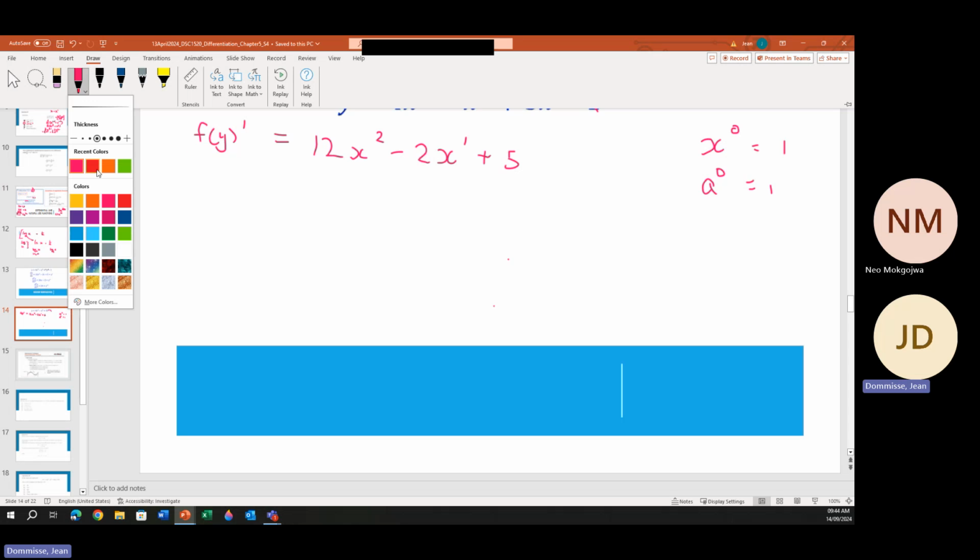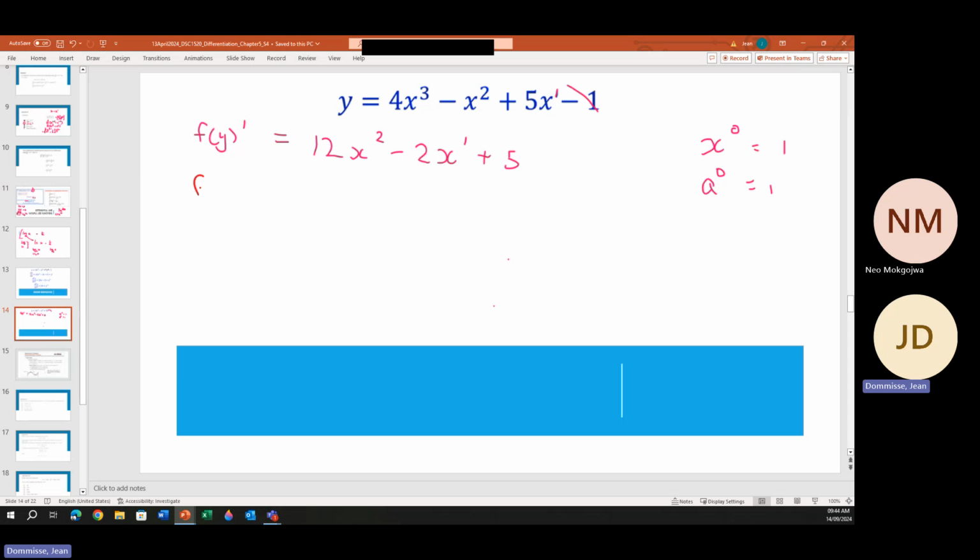Okay, so then we do the second derivative. We'll go on till we can't anymore. So the 2 goes to the front, so 12 times 2 is 24, x to the power of 2 minus 1 is 1.